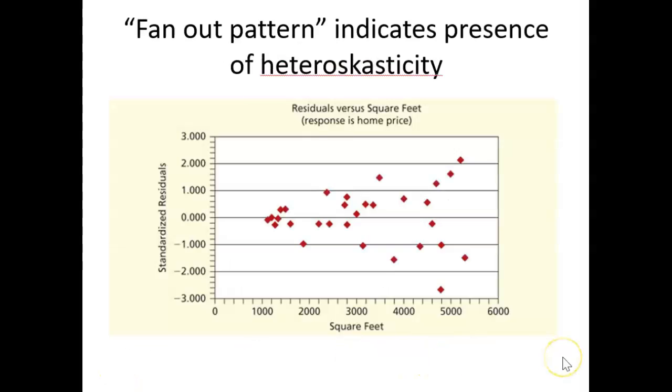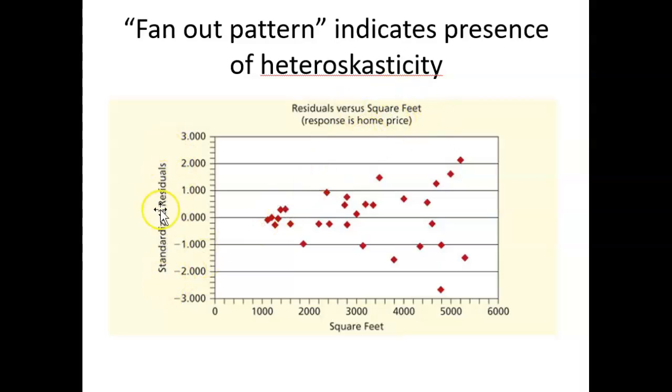So this is what heteroscedasticity looks like. This is called the fan out pattern that indicates heteroscedasticity. On the horizontal axis we have plotted the number of square feet of a house. This is a home price regression where the dependent variable is home price and the independent variable is square footage.